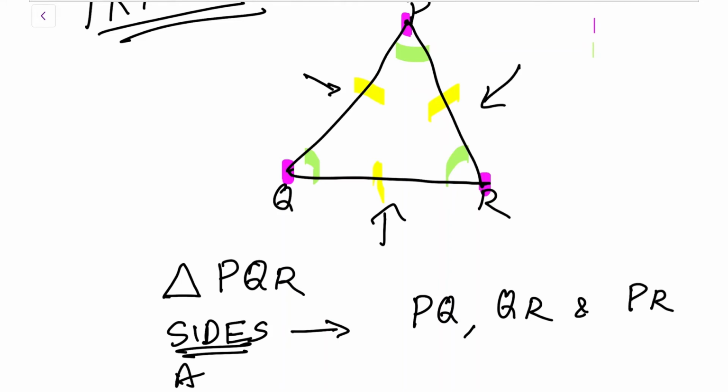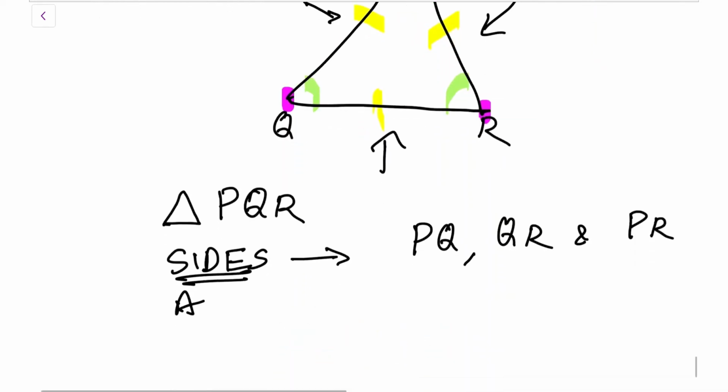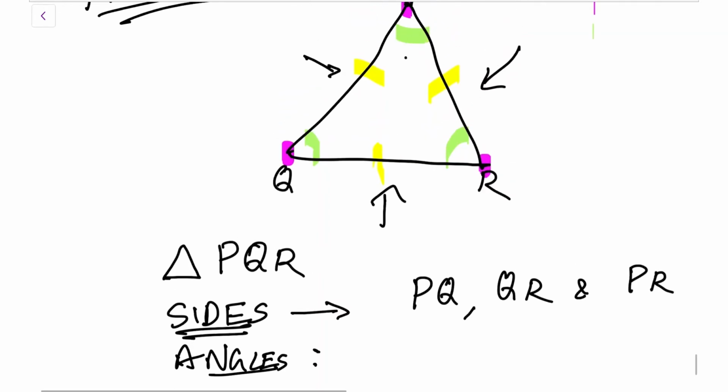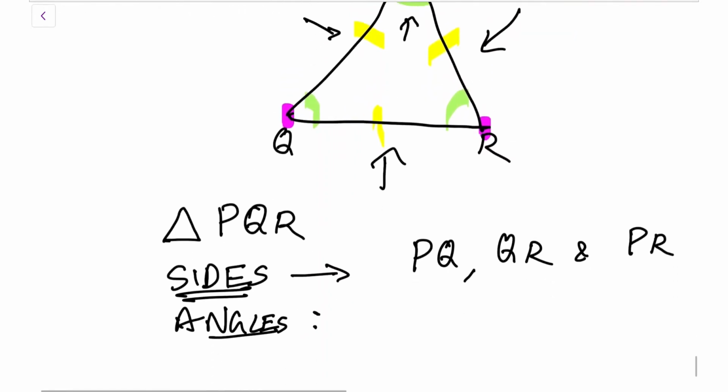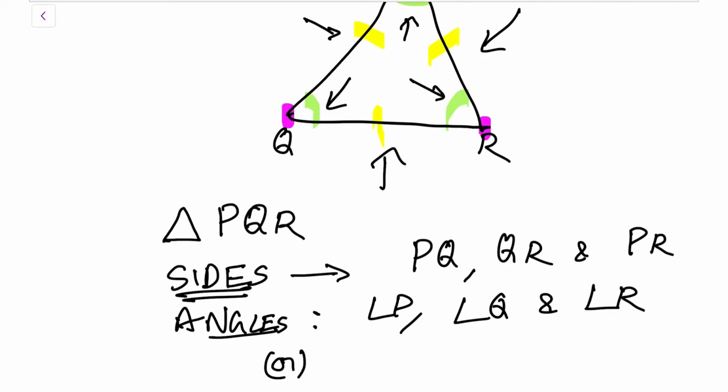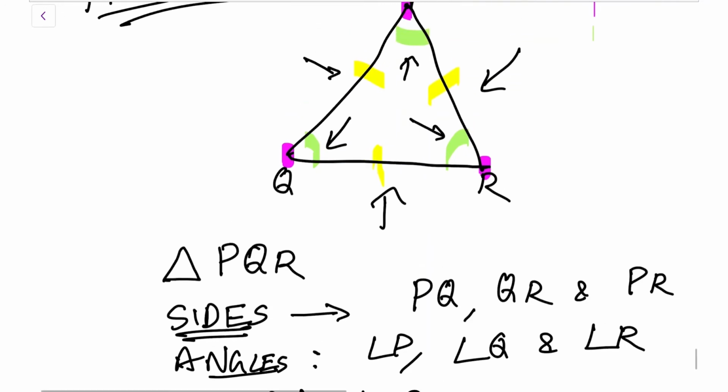Alright, and what are the angles? We have angle, that's your angle P. You have angle Q. And you have angle R. Okay, you can also write these angles as what else? Angle QPR. Okay, that is this angle.